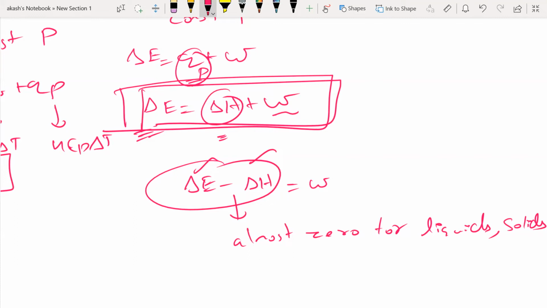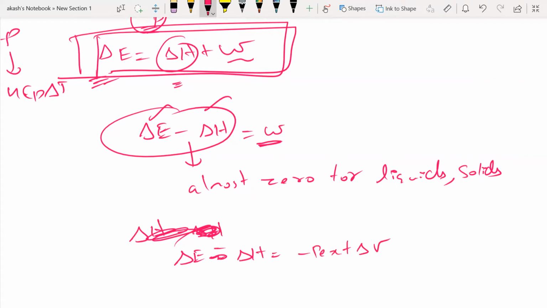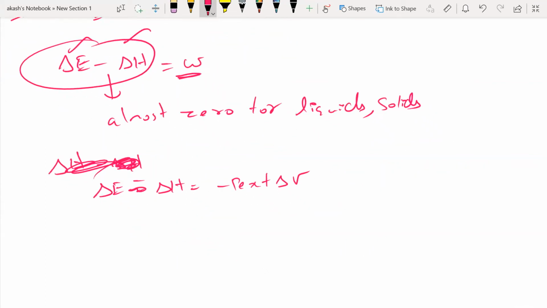Okay, right? So how do we do this? Let me see. Right now, W you will be able to write it as minus P external del V. Delta E minus delta H, I'll be able to write it as minus P external del V. Then what we do, we write it as delta Ng RT.